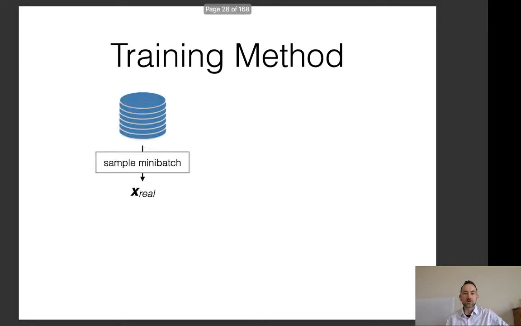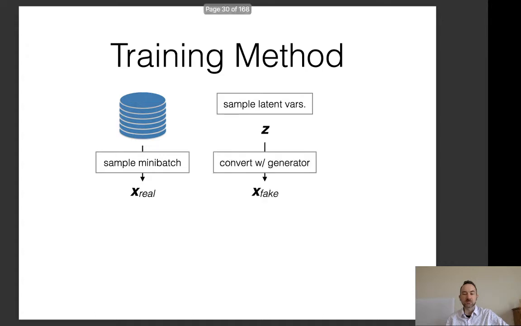The training method is basically, for the real images, we sample a mini batch of real images from the database that we have. And then for the fake images generated by the generator, we sample latent variable z according to, for example, a Gaussian distribution.